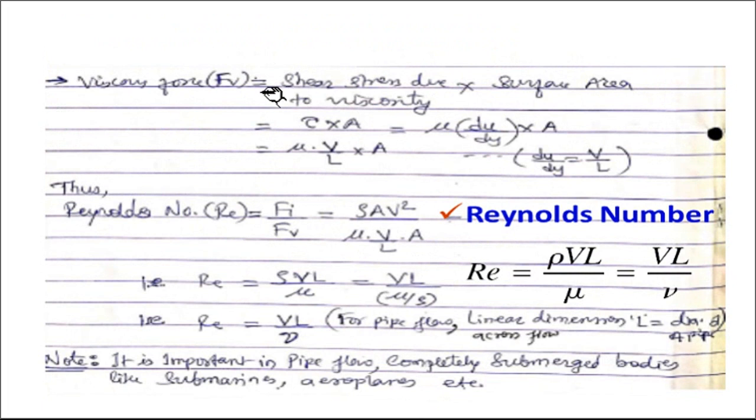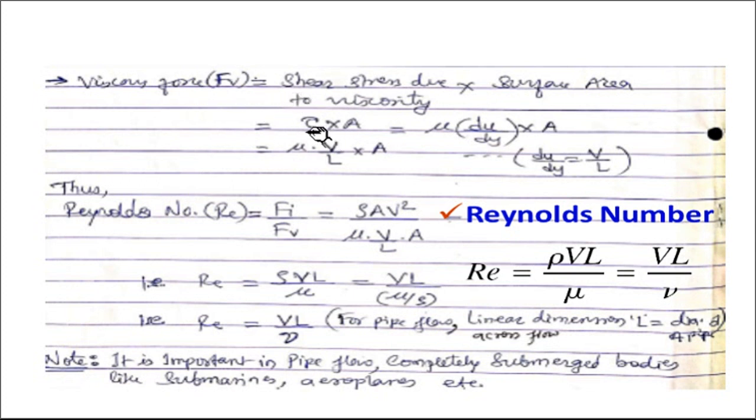Viscous force Fv can be expressed as shear stress present in the fluid due to the viscosity multiplied by tangential surface area of the fluid layers. So shear stress is a tangential one into tangential area. So this gives you viscous force.